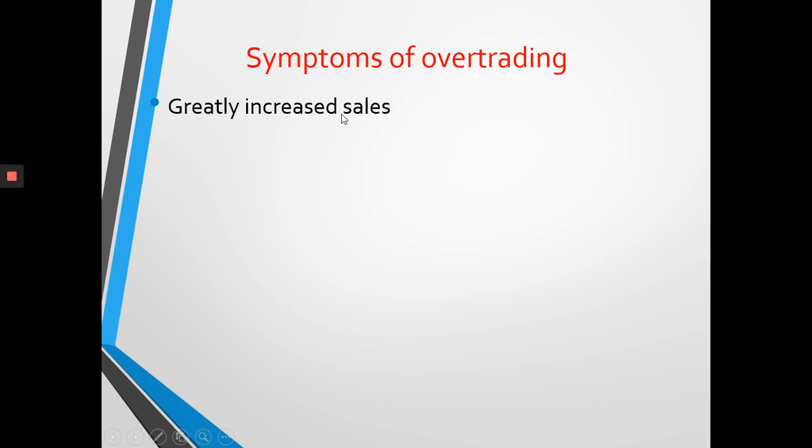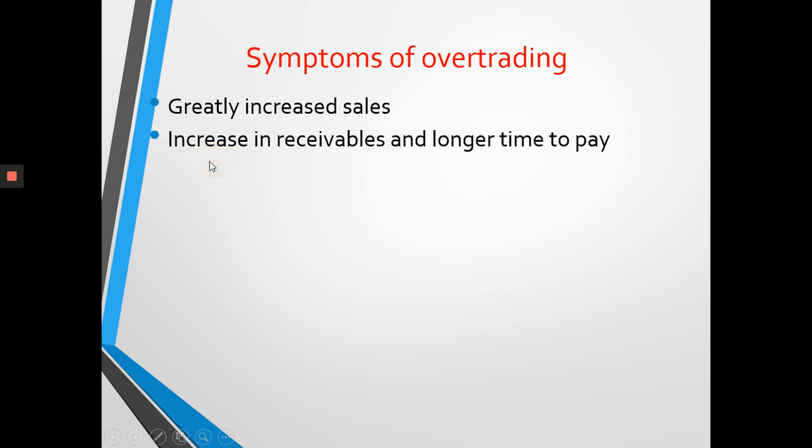Increasing sales is how a normal business works. A gradual increase every year, sales increase by 10%, 15%, is fine. But the key for overtrading is a drastic increase in sales, by 50%, by 100%, by 200%. That is a symptom of overtrading.